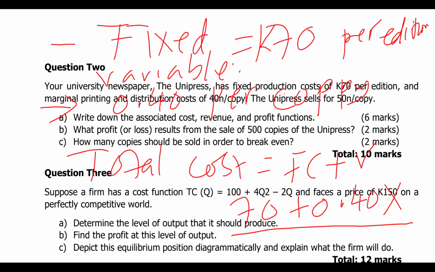This will be the equation for the total cost, the sum of the fixed plus the variable costs, where X is the number of copies. So we have found the total cost.